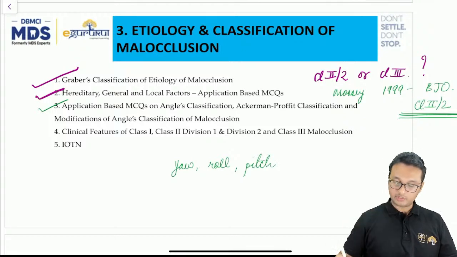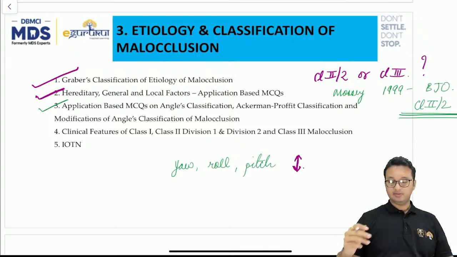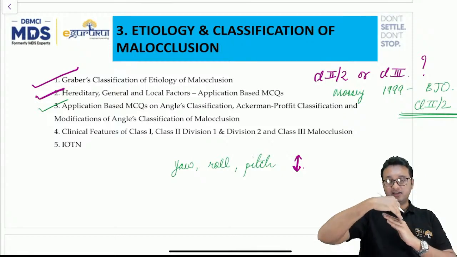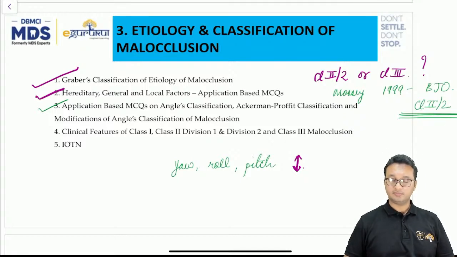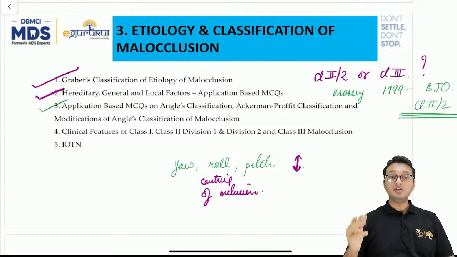So what do you mean by pitch? That is up and down. You can have vertical maxillary deficiency or vertical maxillary excess, which is seen along the vertical plane of space, and that is called pitch. Roll means canting of occlusion, that is called roll.